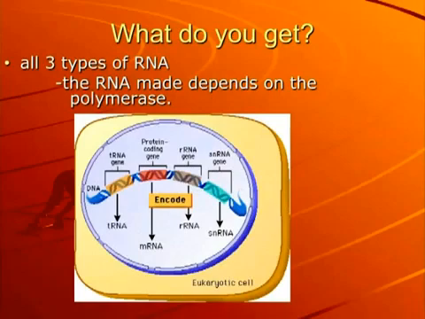The next step in this, as I said, is translation, and that's going to take that RNA nucleotide sequence and make it into an amino acid sequence. So if you think of transcription as just copying things down, transcription is DNA being copied into RNA, and then translation is taking that copy and changing it into a different language, the amino acid sequence.